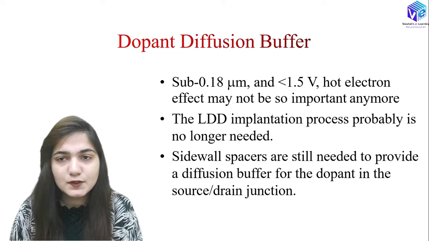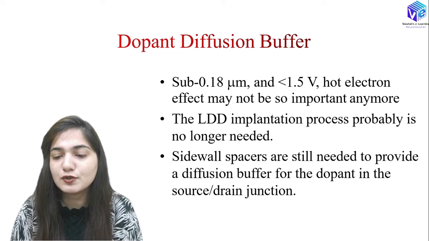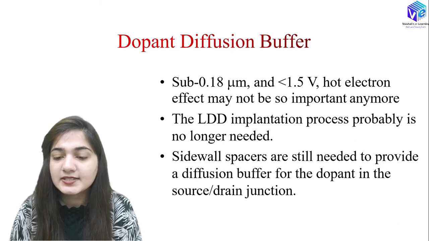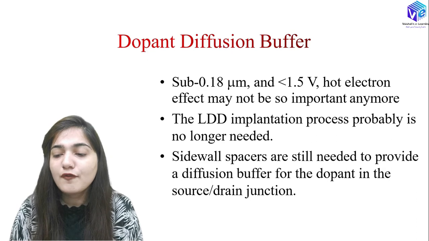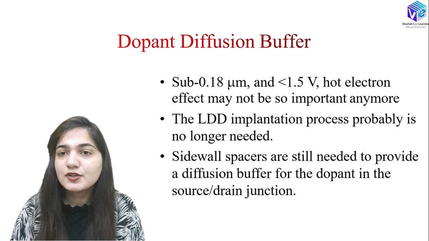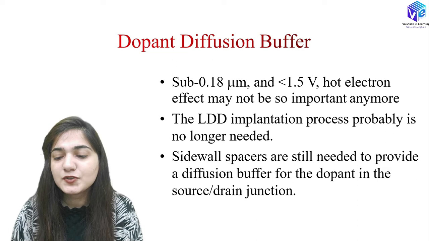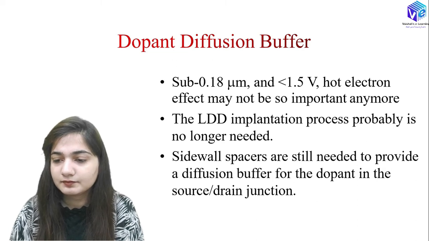So the tunneling process would not be there. So the lightly doped drain implantation process is no longer needed, but I still need the sidewall spacer to provide a diffusion buffer for the dopant in the source or drain region, right? So that I will not be having the diffusion of the dopants inside the source and drain junction.